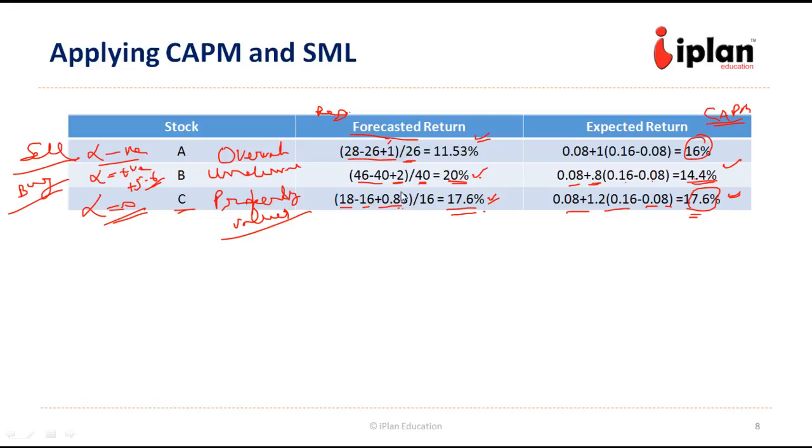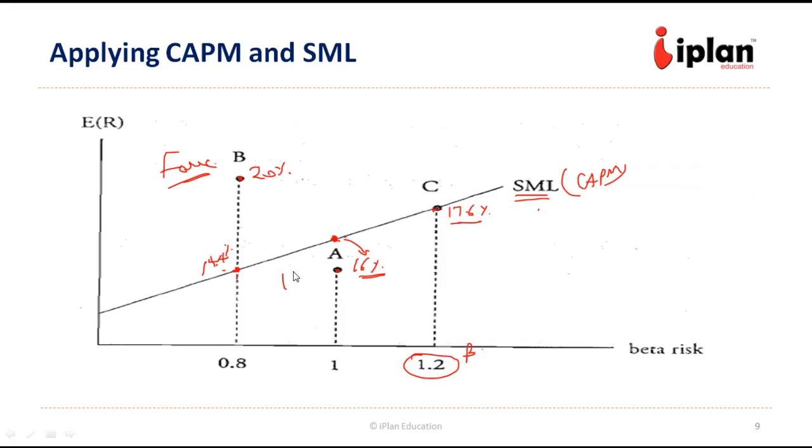So this is 11.53% for A, and for C it has the same 17.6. So it is lying on the SML, it is properly valued. This is lying below the SML, so it is giving a lower return, so this is overvalued, and this is lying above, so this is undervalued. It is giving more return, so it is undervalued.